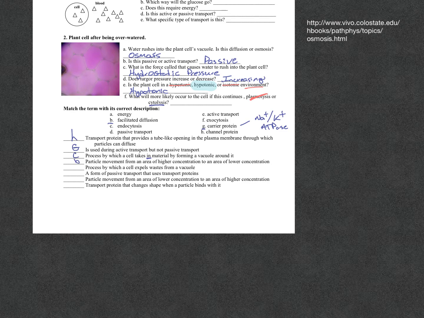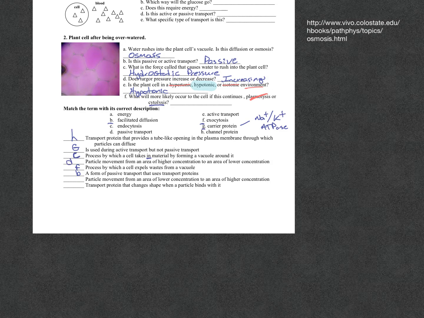Process by which the cell expels waste from the vacuole, we're going to call that exocytosis, that's F. Form of passive transport that uses transport proteins, again we're going to go with B. Particles move, I kind of want to change this B to passive transport, because we're using B down there, so if I were doing this for a grade, I'd probably use passive transport here as D.